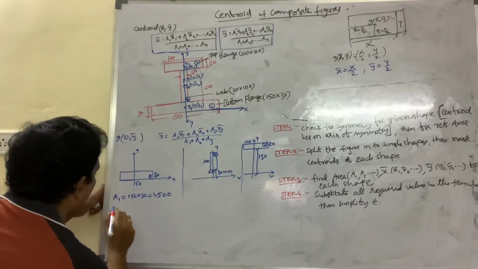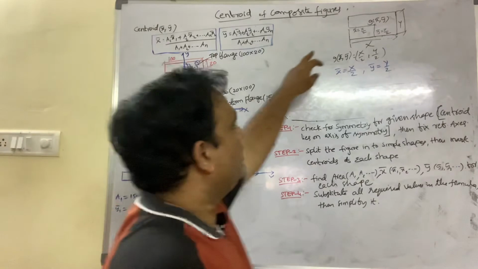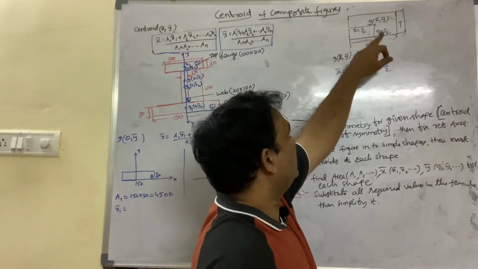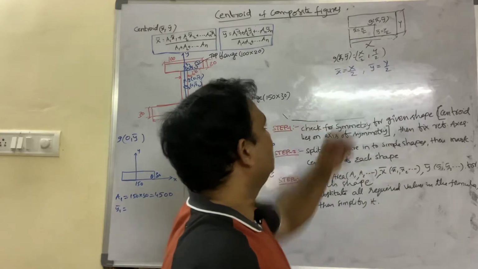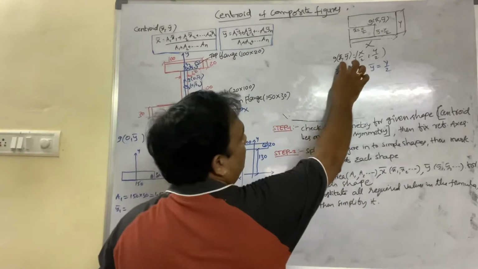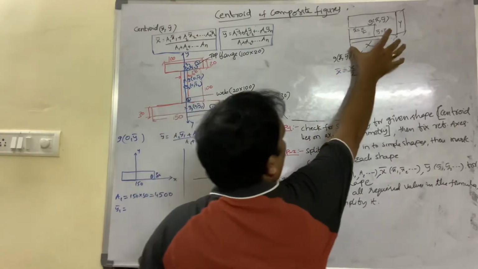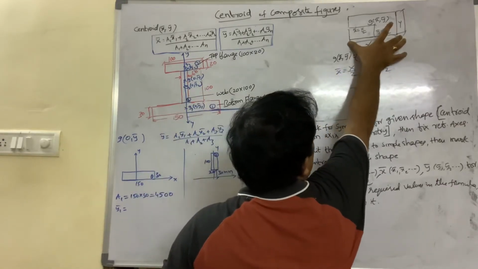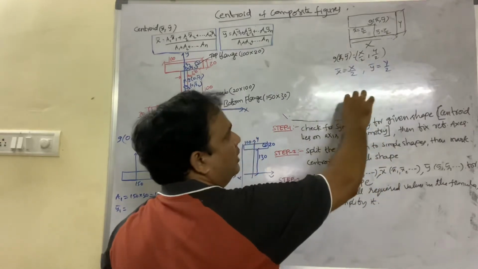So here, what is y1 bar? For a rectangle, the centroid G, x bar comma y bar: x bar, the horizontal coordinate of the centroid, is equal to the total horizontal distance by 2, that means half the horizontal distance.